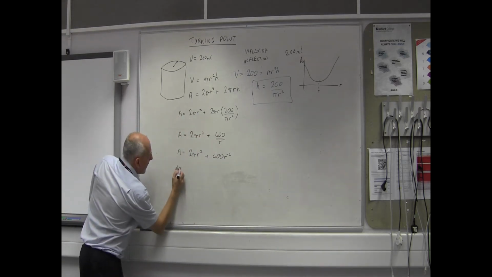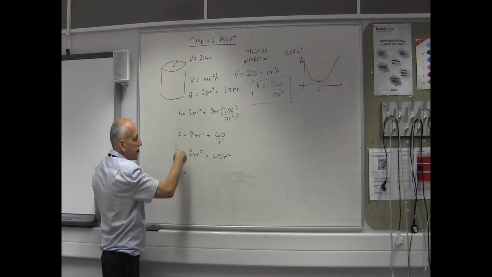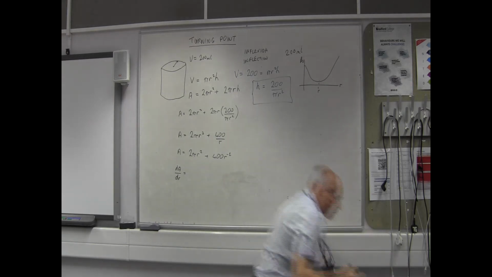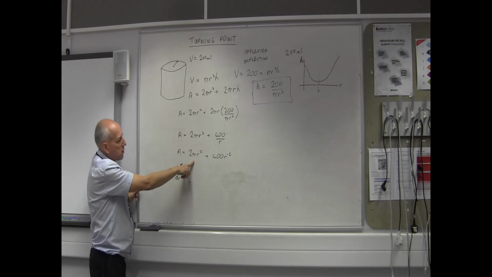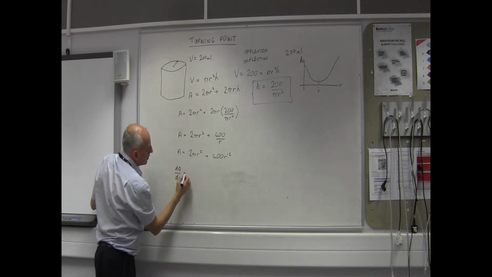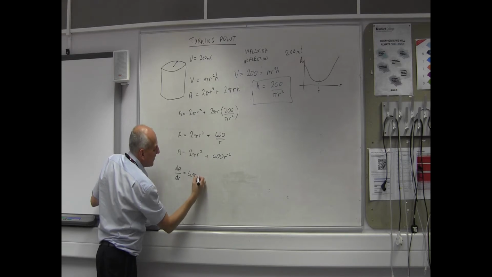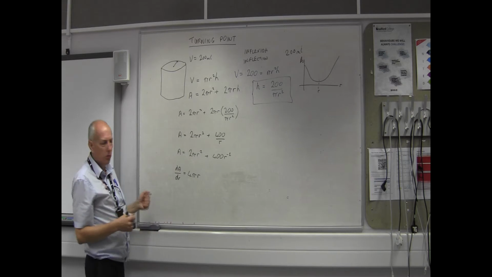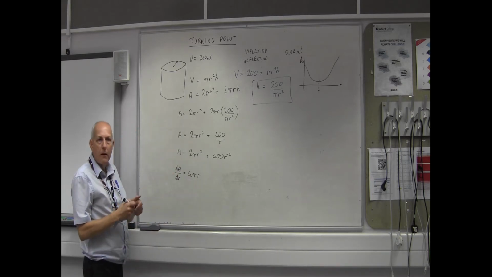So it's going to be dA/dr. So what would this term become? Four, yeah, 4 pi r. The 2 comes down the front, as always, multiplies in, plus. Don't be confused by the fact there's a pi there, it's just another number out front.